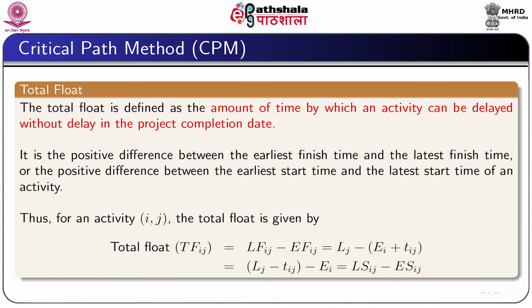Therefore, we can write the total float for the activity ij, TFij, which is equal to LFij minus EFij, and since EFij equal to Ei plus Tij, we can write TFij, that is the total float, is equal to Lj minus Tij minus Ei, which is actually equal to LSij minus ESij. Latest start time of the activity ij minus earliest start time of the activity ij.